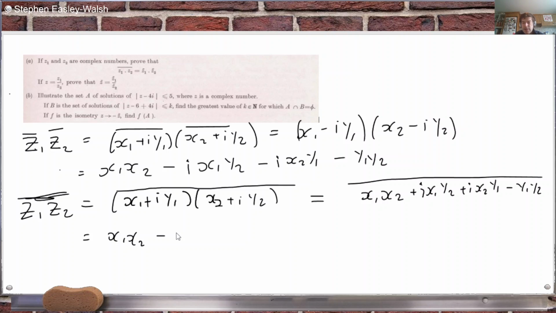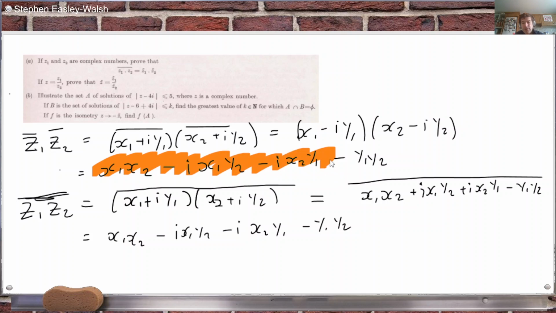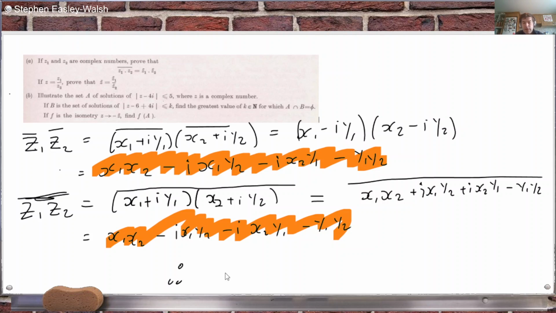So that's minus i X1 Y2 minus i X2 Y1 minus Y1 Y2. And you can see that in both cases the result is the same. So therefore Z1 conjugate times Z2 conjugate and Z1 Z2 conjugated is the same thing.